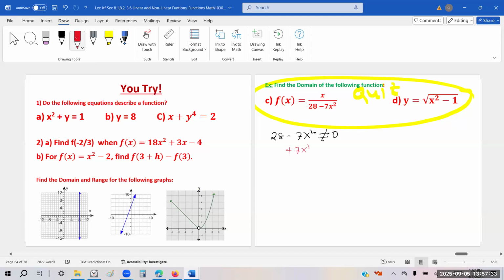Add 7x squared, so 28 cannot be 7x squared. Divide by 7, so x squared cannot be 4. So x cannot be which numbers? Plus 2 and also minus 2. So there are two numbers you cannot substitute.